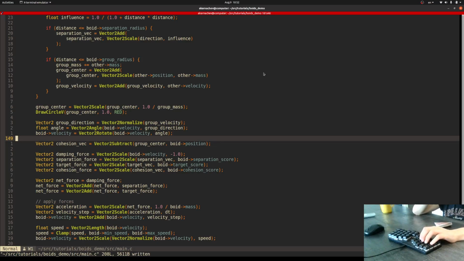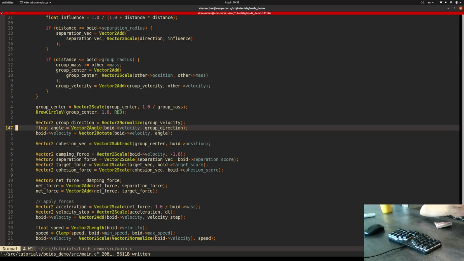But I don't want to rotate them immediately. I want to rotate them with some kind of a factor. So let's say each Boid has a rotation speed, and let's say rotation speed is defined by the alignment score.